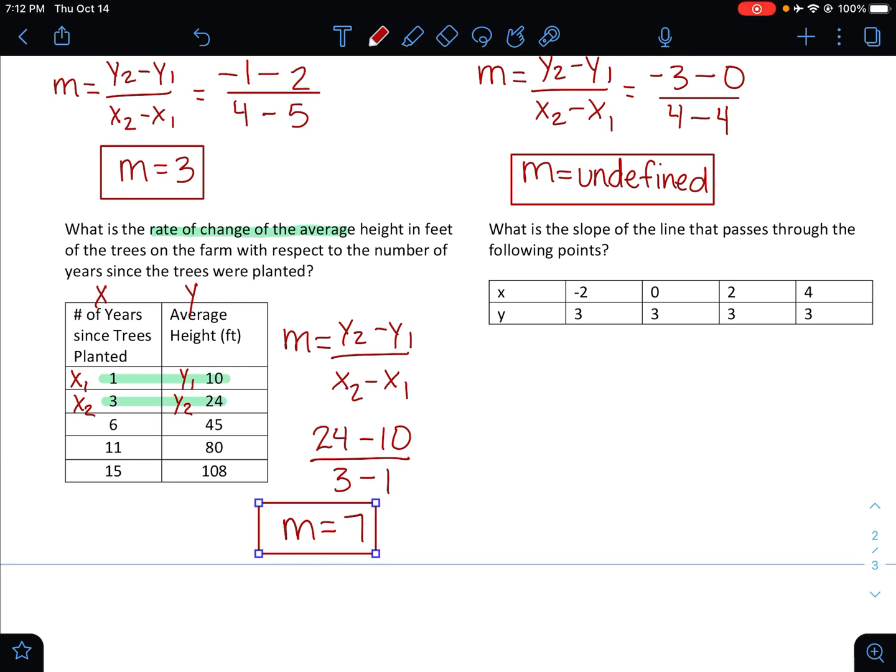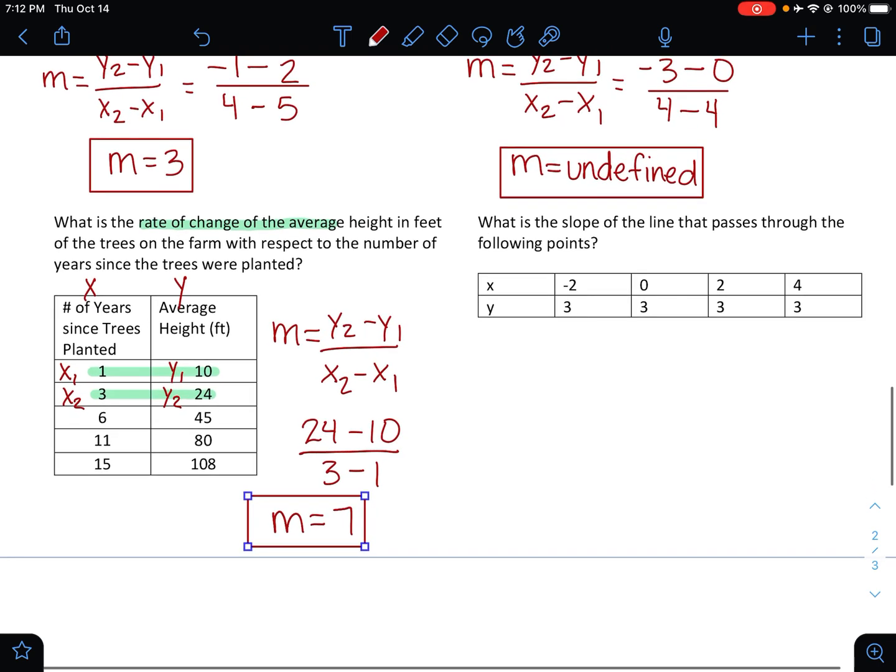And that's it. Looking at the last example, what is the slope of the line that passes through the following points? I still have a table. I have my x values here, my y values here. So my 2 points I'm going to use are these two, -2, 3, and 0, 1.